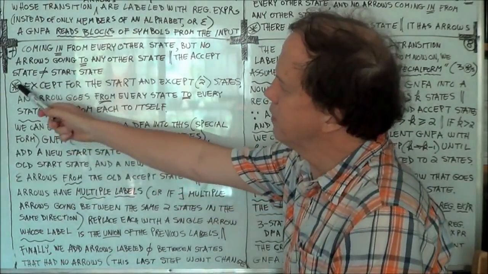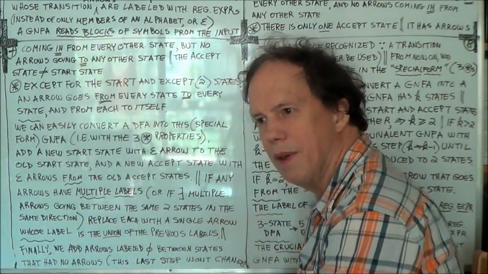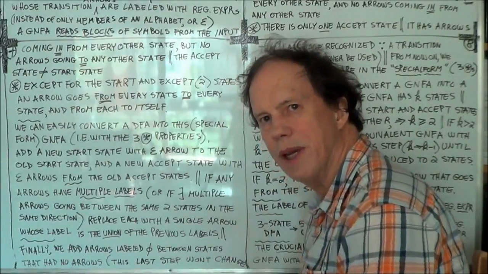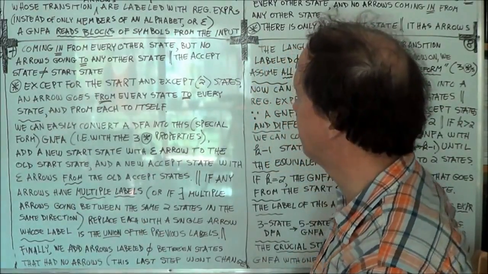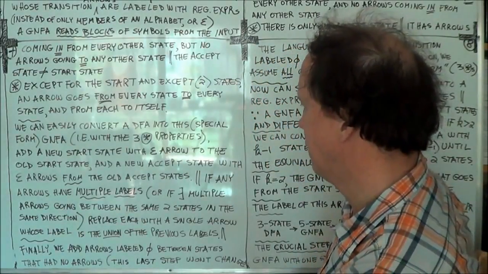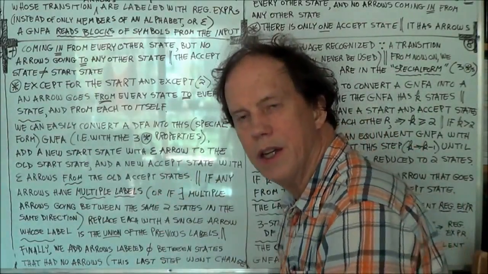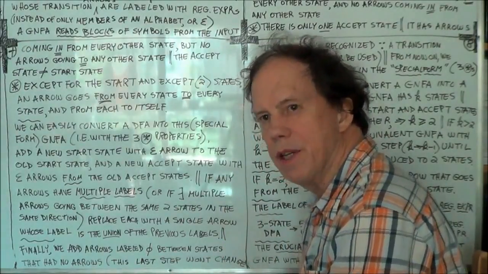Now here was the third constraint, if you like, imposed on the GNFA to make it more useful. And Sipser has a special term for this modified GNFA that meets these three constraints.